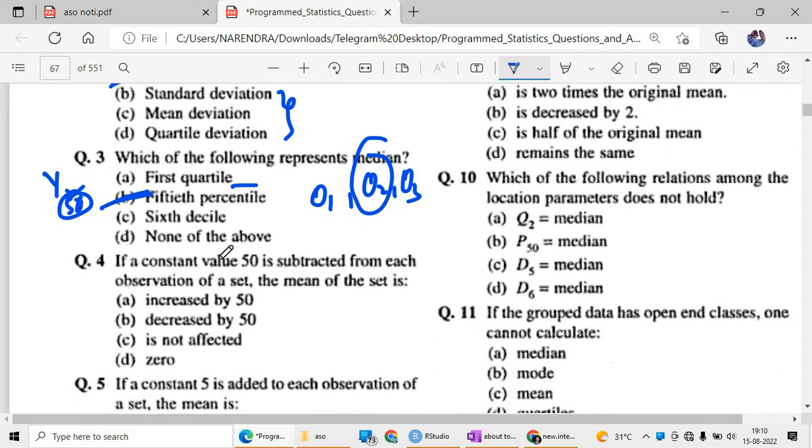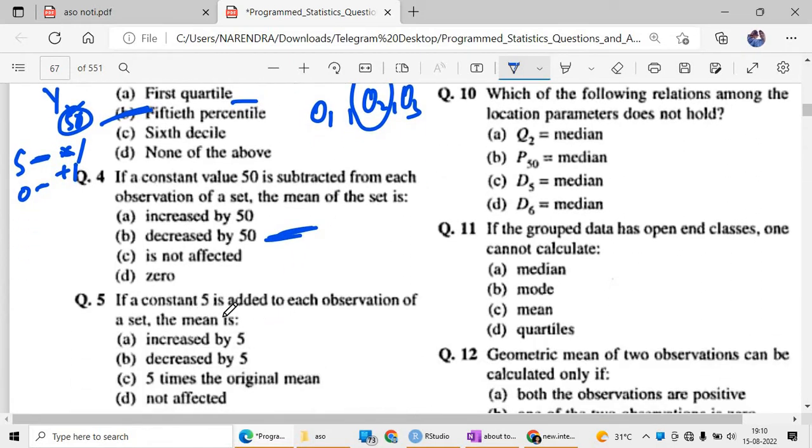I already discussed that mean is affected by both change of scale and origin. Origin means plus and minus, scale means multiplication and division. So if a constant value 50 is subtracted from each observation of the set, then the mean value will decrease by 50. If you add, then it will increase.